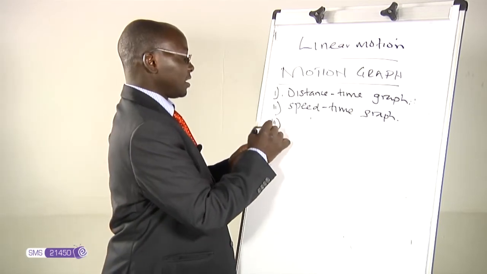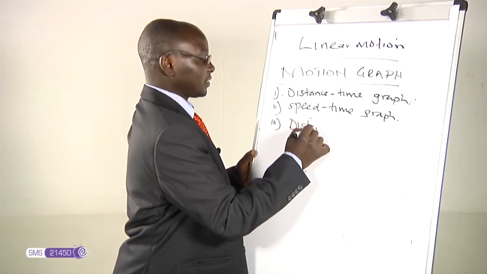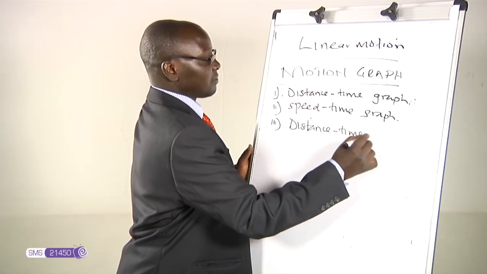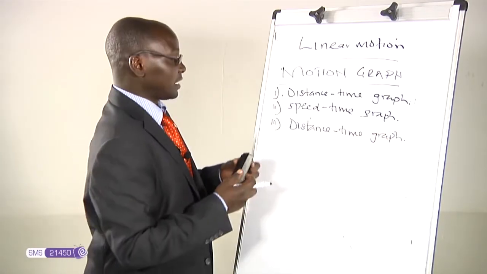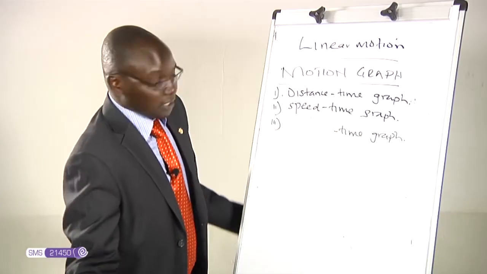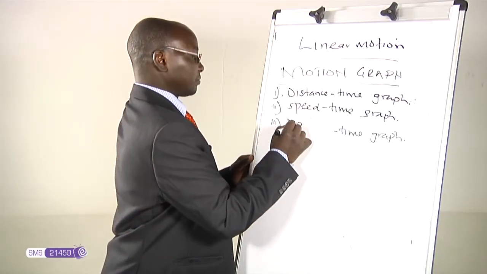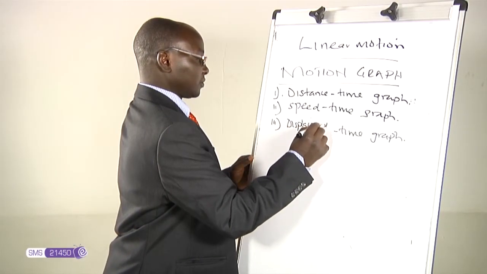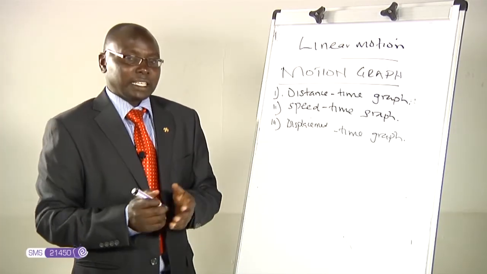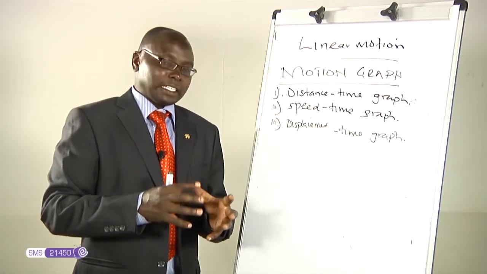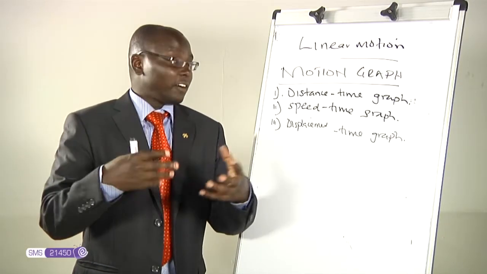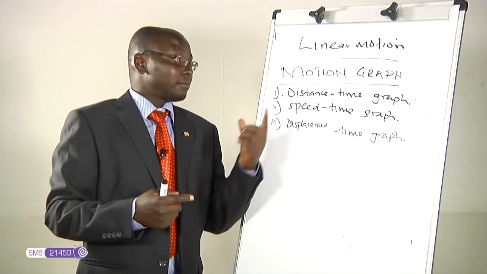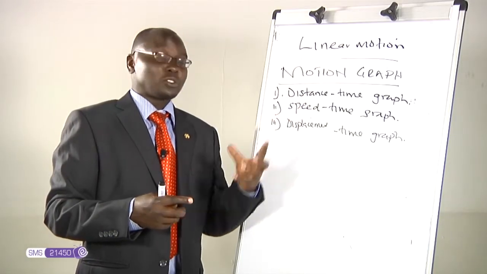the third one now, the distance time graph. Sorry, not the distance, but the displacement. We said in physics, the word displacement does not mean distance, because in our ordinary day to day life, we normally use them to mean the same.